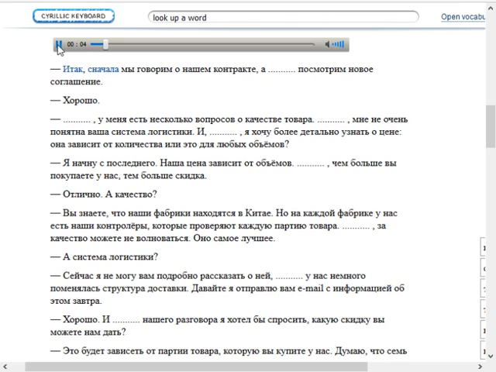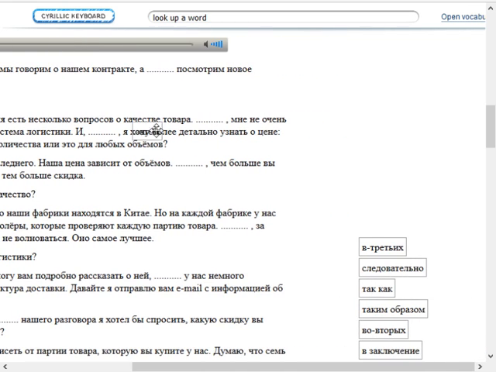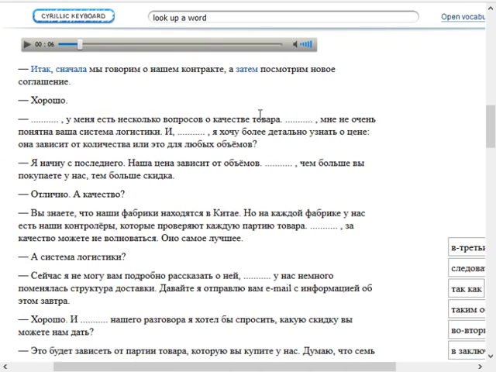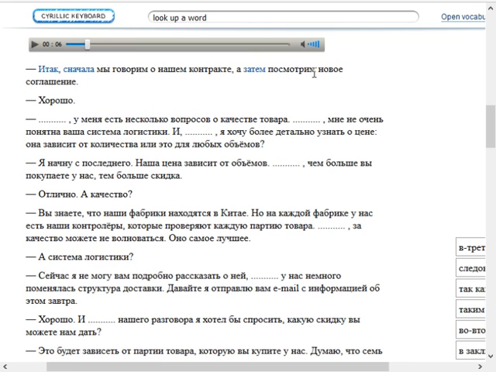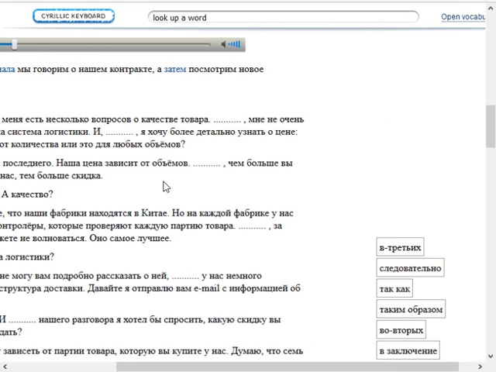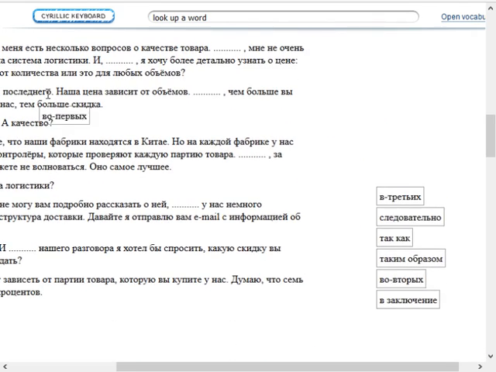А затем посмотрим новое соглашение. So затем basically means after that. We will look at the new agreements. Хорошо. Okay. Во-первых.